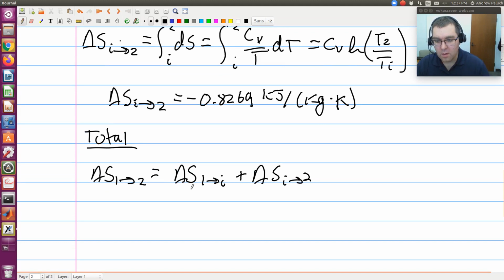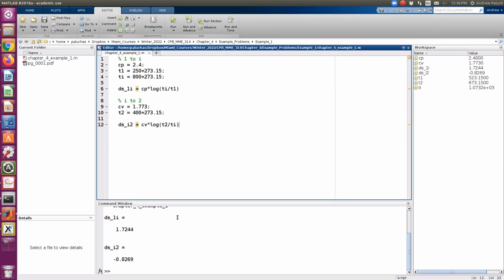So my total change in entropy will be equal to ds 1I plus ds I2, the sum of my two entropies, which I get to be 0.8975.